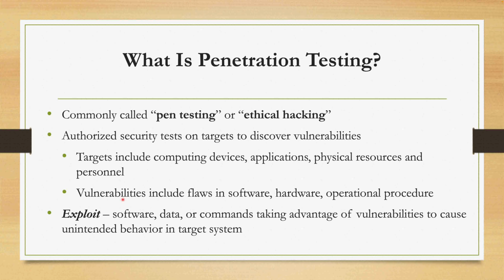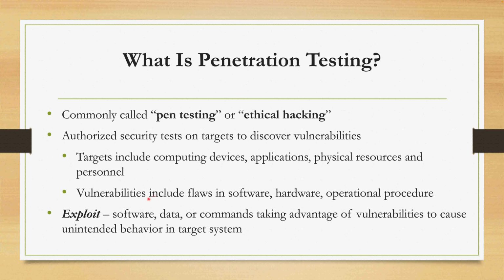We have physical resources like data centers, locks, surveillance systems, and access controls. And also we have the personnel. We need to assess social engineering, whether the employees fall for social engineering techniques, like phishing attacks, for example.